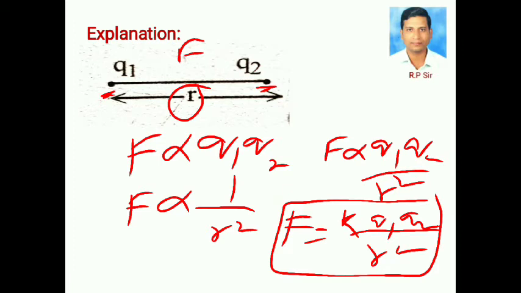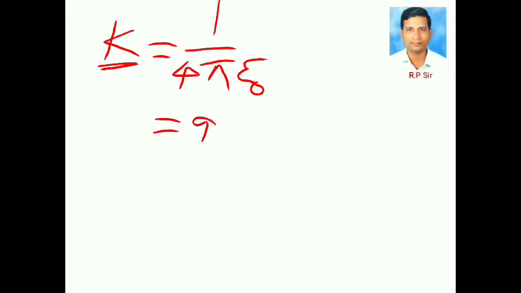Here K is the proportionality constant, whose value is given by 1 by 4 pi epsilon naught, that is 9 into 10 power 9 Newton meter square Coulomb inverse square.